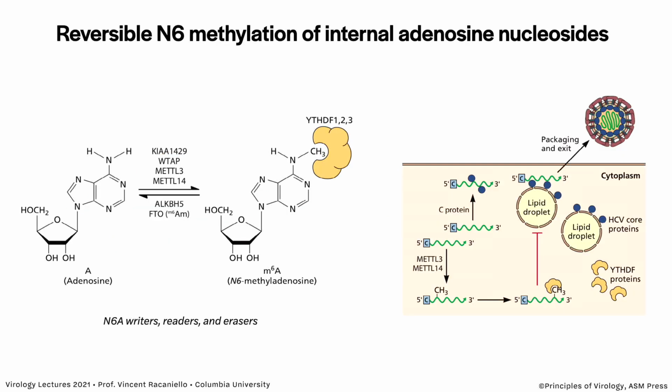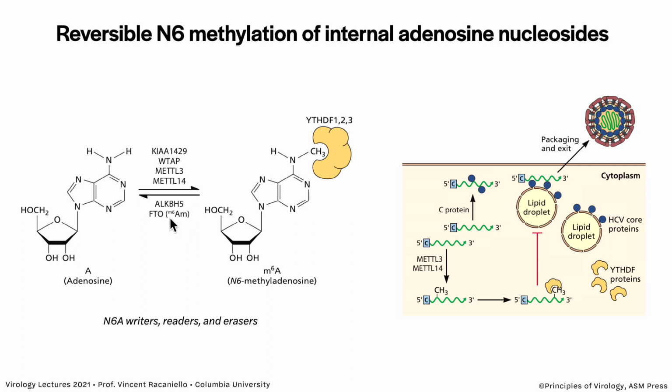And finally, another modification that's important is N6 methylation of adenosine nucleosides in RNA. So here's an adenosine, and this N6 can be methylated. So here's the methyl going on to that nitrogen. And there are a number of enzymes in the cell that can add a methyl group, including these, WTAP and METTL3 and 14.